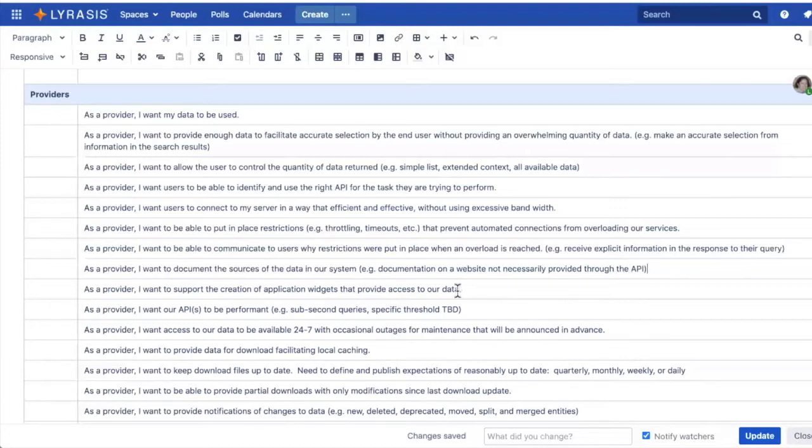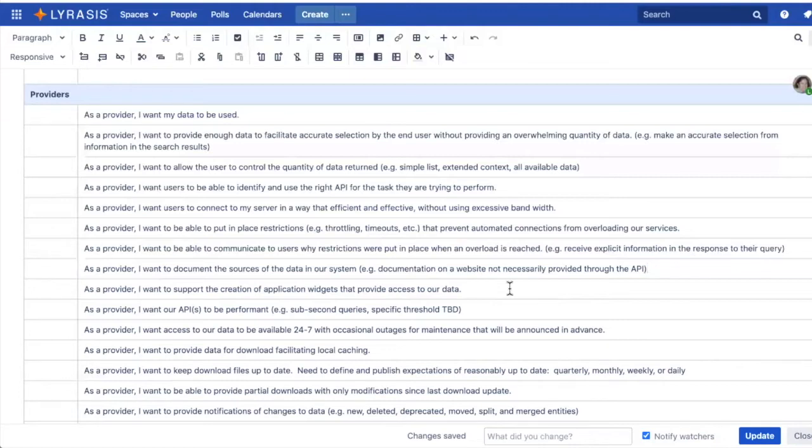Lynette, do you think that at the end of this whole work, we can try to do a sort of mapping between user stories from providers, from developers, and from the user perspective to be sure that the requirements are sufficiently satisfied by the three parties or not?